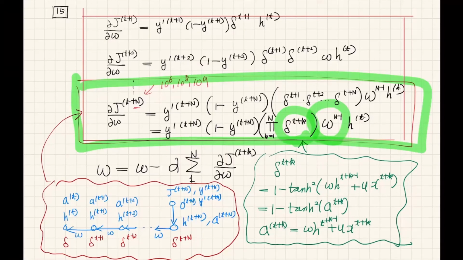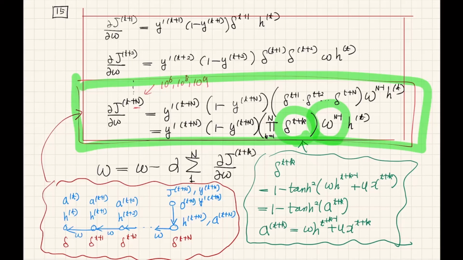Right now, the internet is a little bit unstable, so let me summarize this. This is the final summary equation for the case of n. You see that delta is multiplied n times and W is multiplied n minus 1 times. And the delta function is 1 minus tangent hyperbolic function.